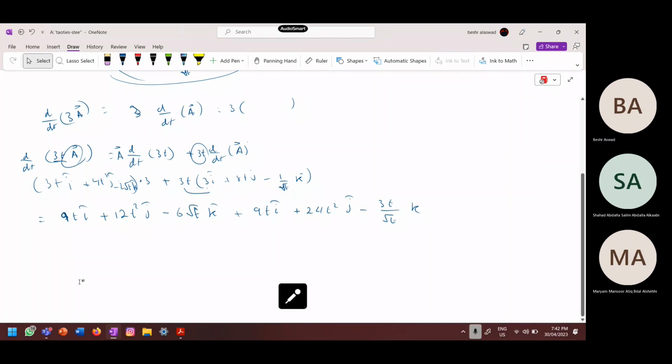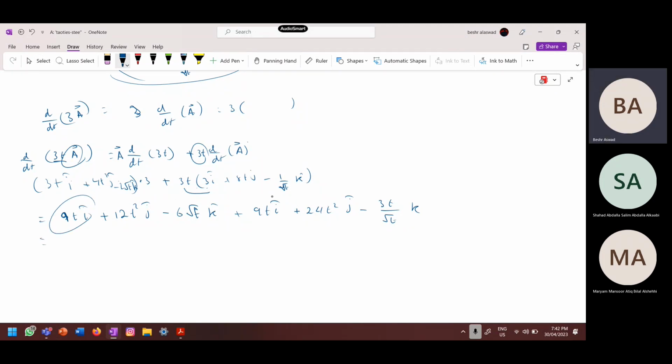Now just find the summation of these. You have these components or similar components. So 9t plus 9t will give you 18t i hat. For this one, 12t squared plus 24t squared, remember, we're working on this, this is where we are going to do the summation accordingly.